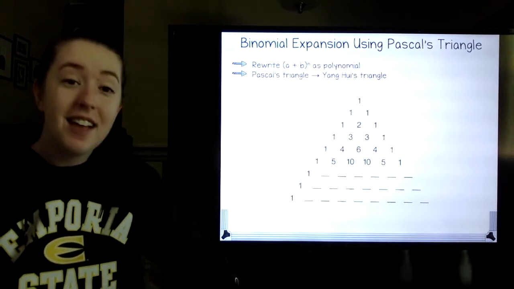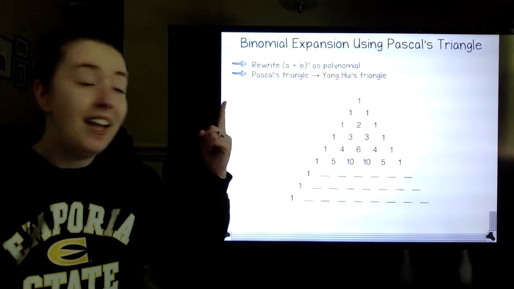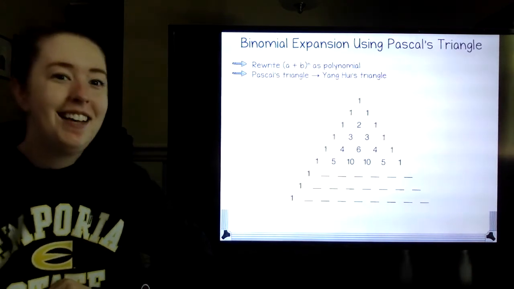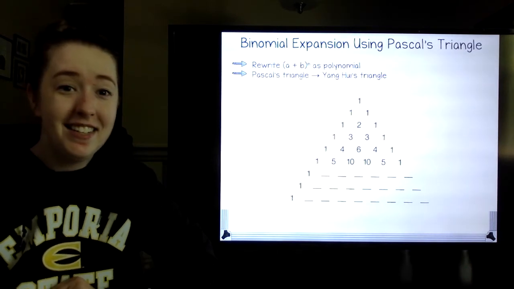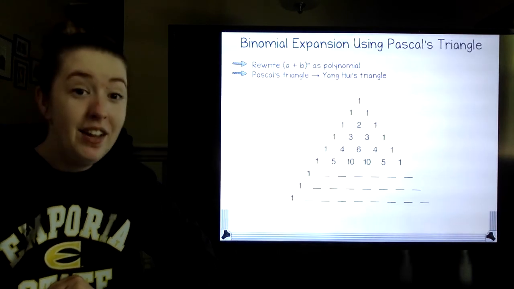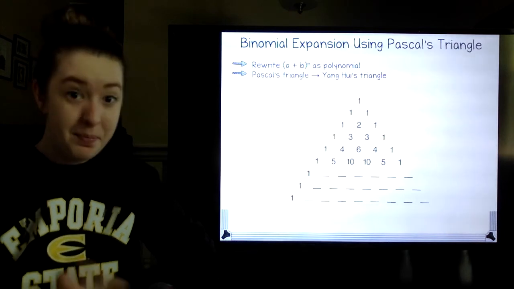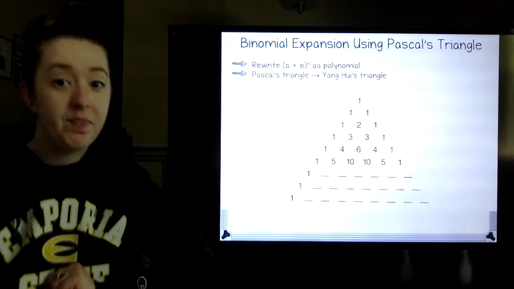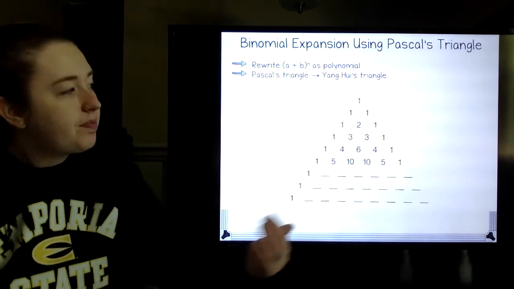A lot of times you're going to see math ideas named after a European who supposedly discovered them, when really they didn't. These ideas were either discovered simultaneously or even earlier in Asia and India and places like that. So, throwing it out there.